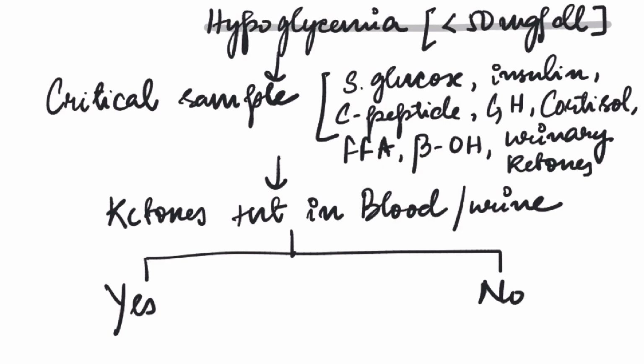The next thing is the critical sample before correction. It includes serum glucose, insulin, C-peptide, growth hormone, cortisol, free fatty acids, beta-hydroxybutyrate and urinary ketones. The first step is to see whether urinary or blood ketones are present or not. After that, we approach this in two situations, whether urinary ketones are present or absent.